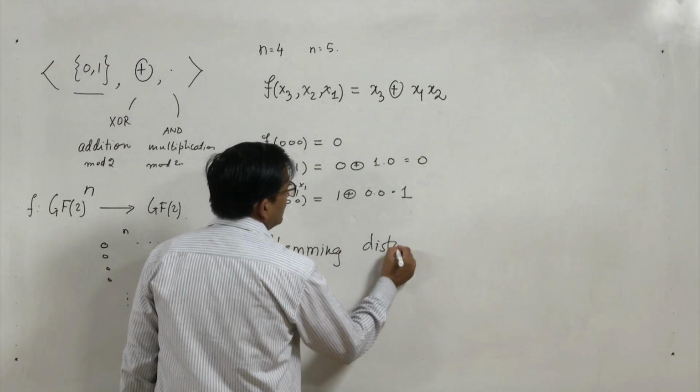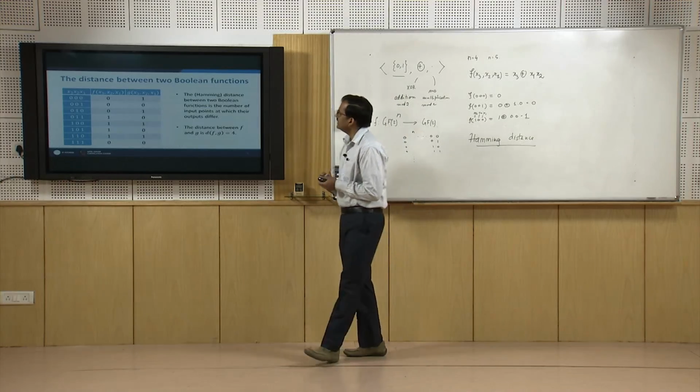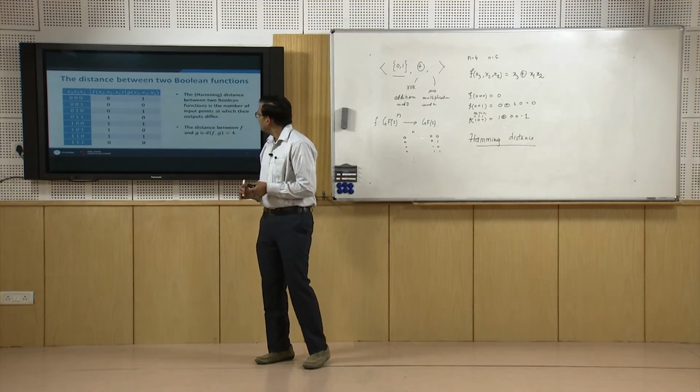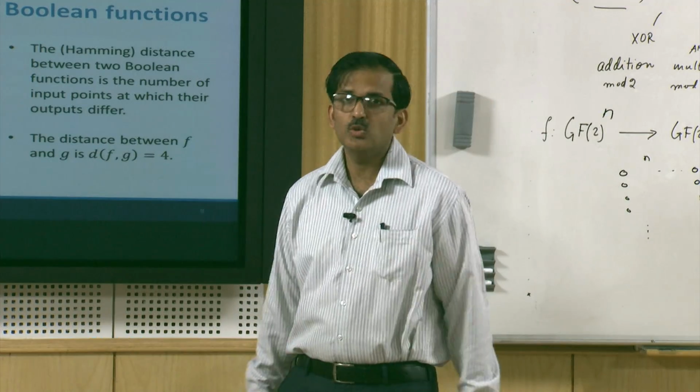This distance is exactly the count of the number of places where the two functions do not match.